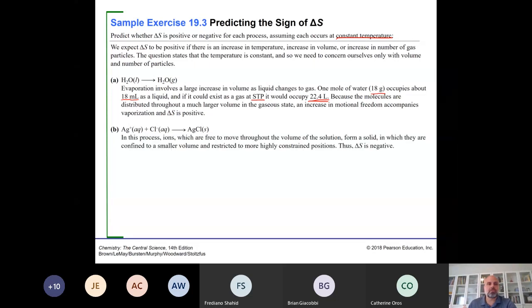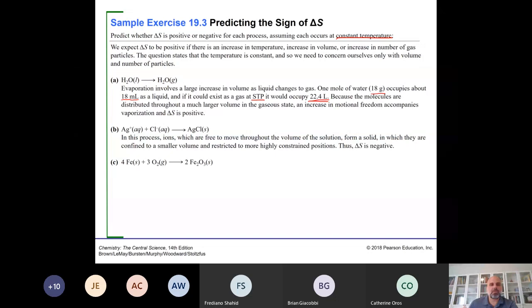In this process, these aqueous ions are free to move throughout the volume of the solution, and then they form a solid in which they are confined to a smaller volume and restricted to more highly constrained positions. So the solid precipitates out and sits on the bottom of the flask. The ions are no longer moving around freely. They can't move around the flask. So the change in entropy is going to be negative. We're decreasing entropy, decreasing the randomness. We increase the organization by becoming a solid.